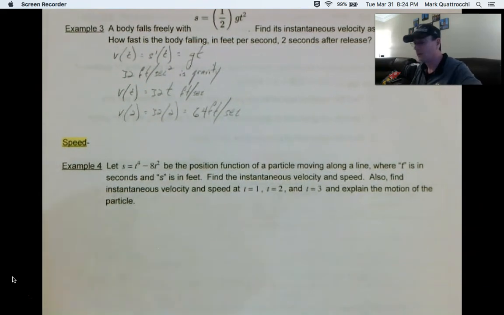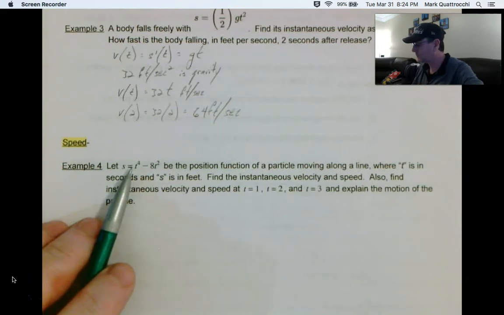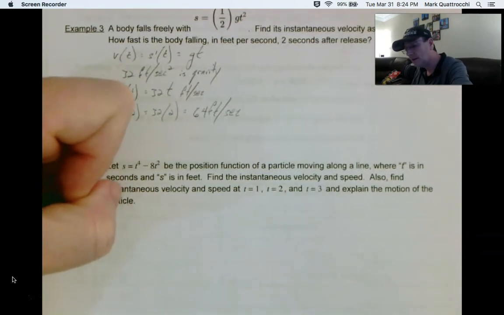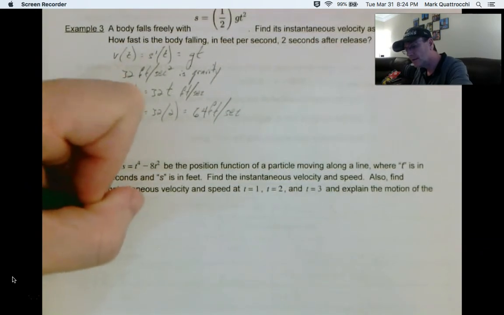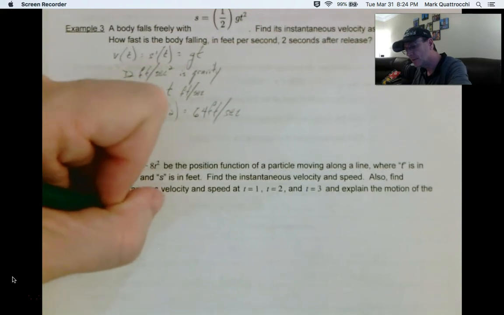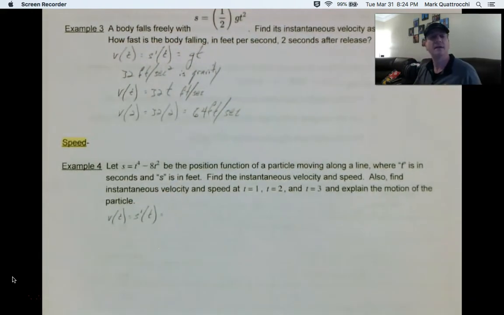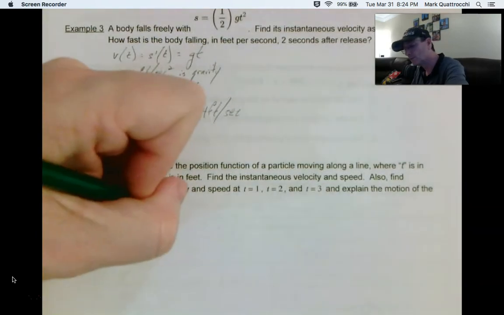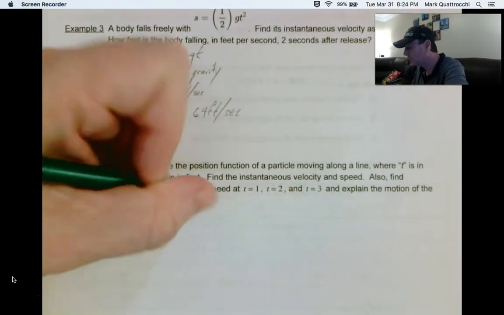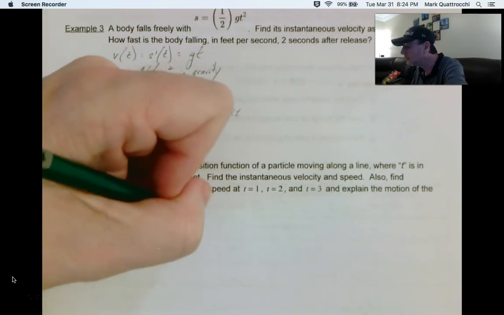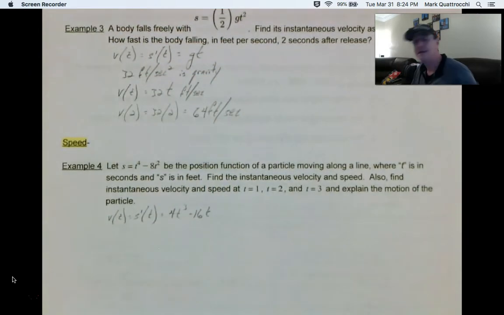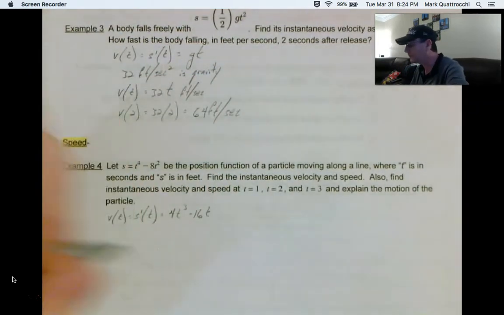So we have our position function. What we need is our velocity function. So v of t is equal to s prime of t, which is the derivative of this function, or 4t cubed minus 16t, power rule.